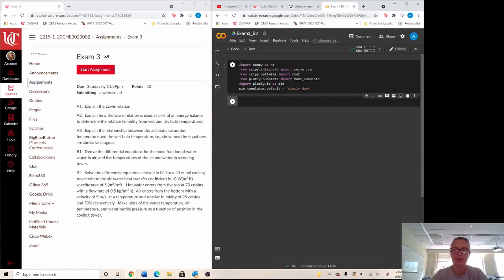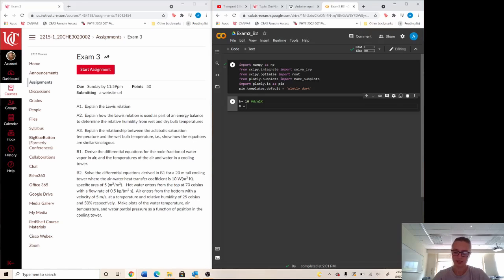Perfect. So now that we have this, we're going to import all of the values we need to solve our problem. So we need to import all of the characteristics of water and air first. So we know that the heat transfer coefficient is 10, and this is in units of watts per meter squared Kelvin. And then after this, we need the ideal gas constant.